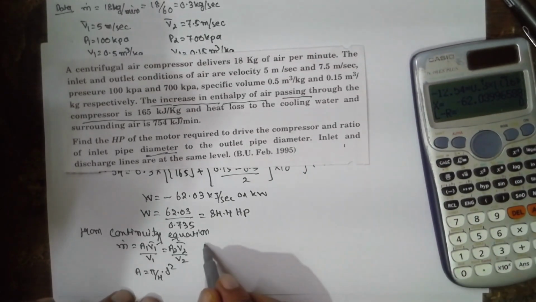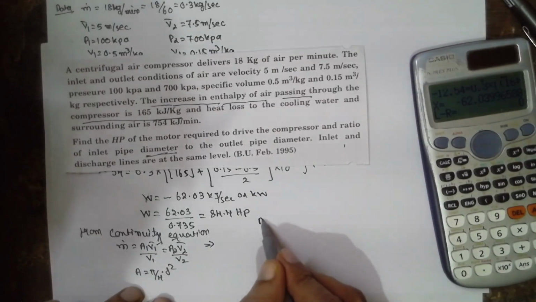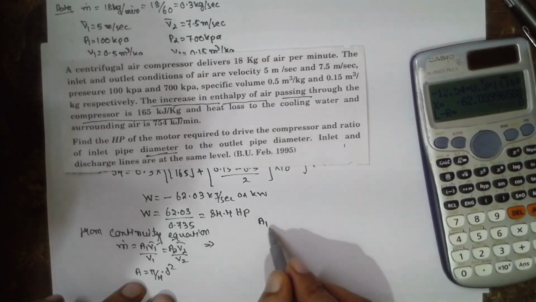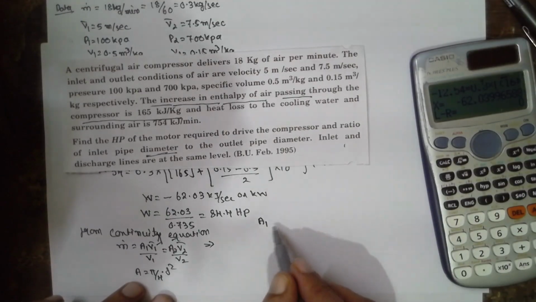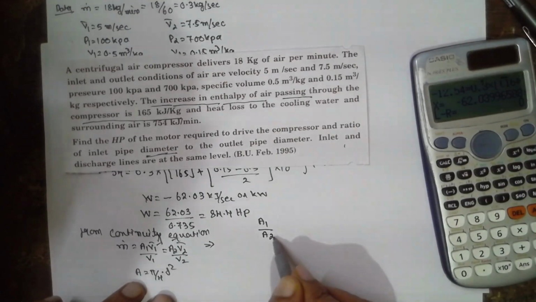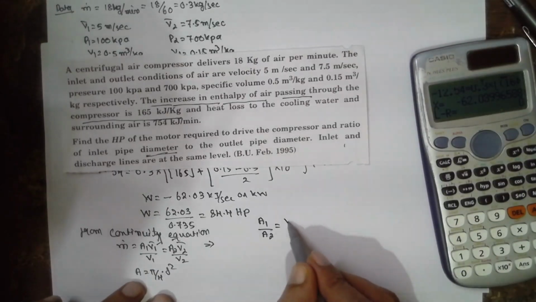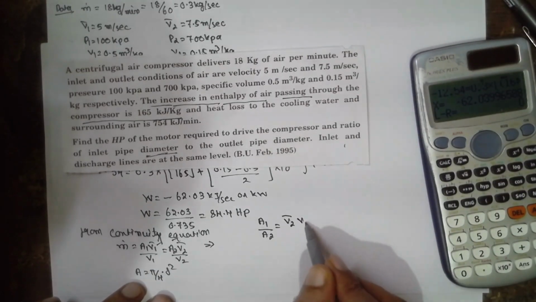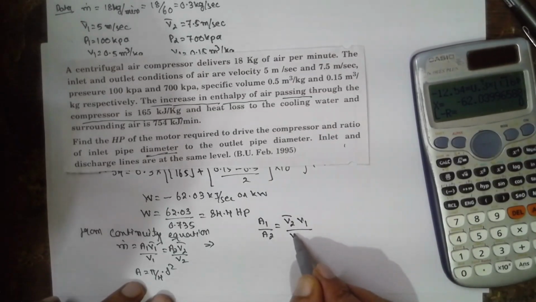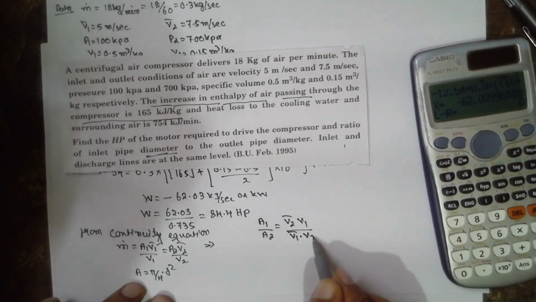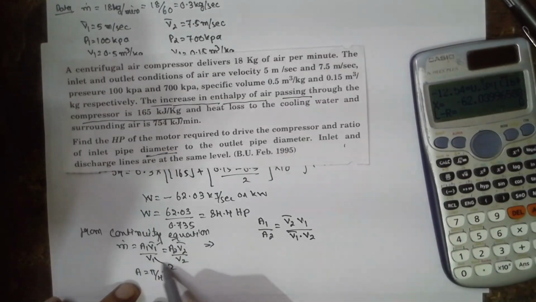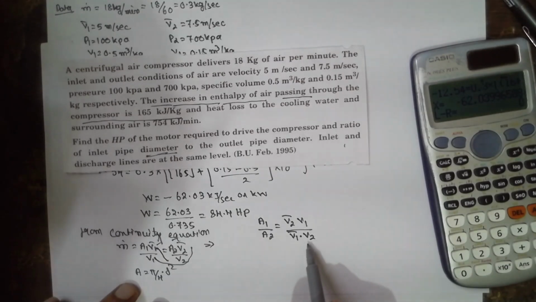Now you can write A1 divided by A2 is equal to V2 bar v1 divided by V1 bar into v2. V1 has to move up and V1 bar to the bottom, and substitute the values.